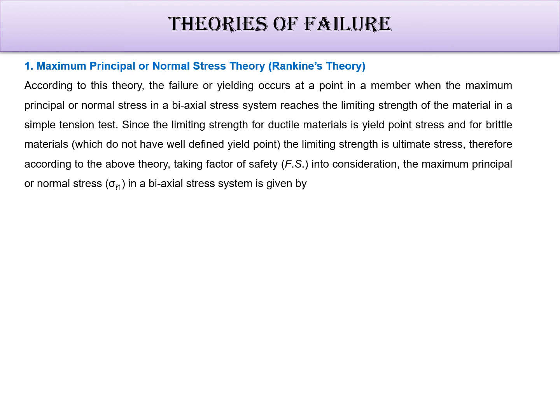That means whenever the maximum principal stress reaches the limiting stress, for example 100 megapascal is my final limit, in a biaxial, that is two axis system, if the stress at that point reaches 100 megapascal, then the material will fail, and the same thing happens in the simple tensile test.